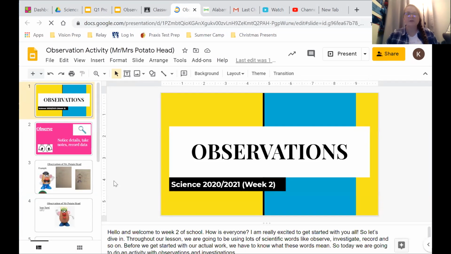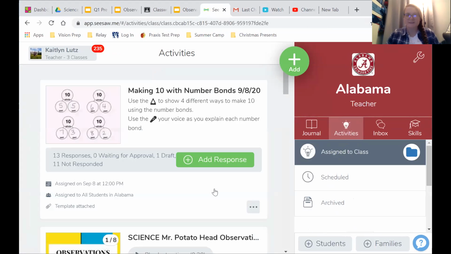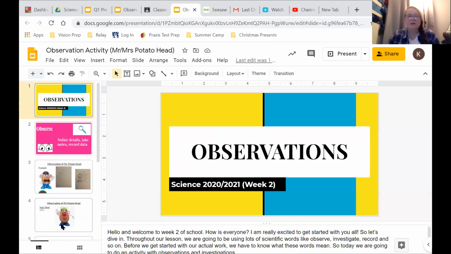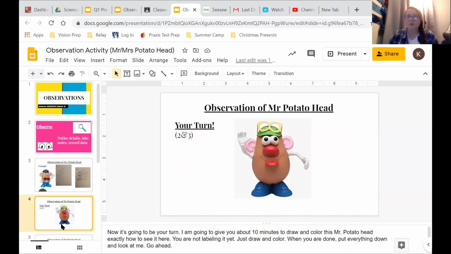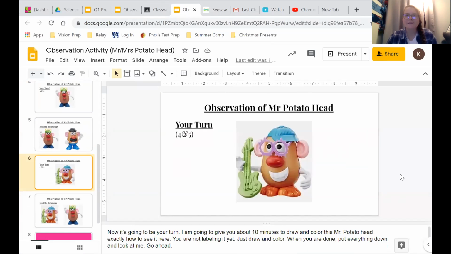If you are in second grade, you can find it in your Seesaw under Activities. Right here, remember, it always says Science. So, again, second and third grade, you are doing this one. Fourth and fifth grade, you're doing this one.